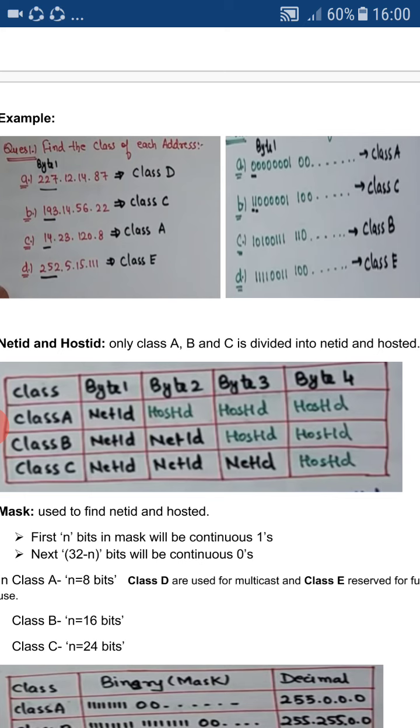Each class is made up of 4 bytes, total of 32 bits. So in class A, the first byte is considered as net ID, all remaining bytes are host ID. In class B, first 2 bytes represent net ID, last 2 bytes represent host ID. In class C, first 3 bytes represent net ID and last byte represents host ID.